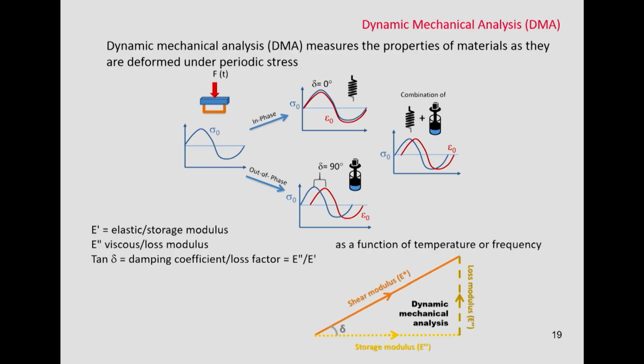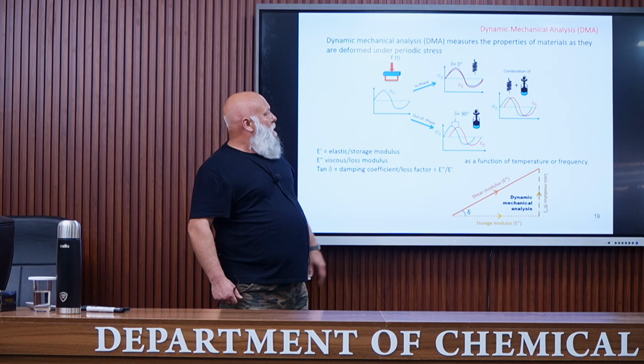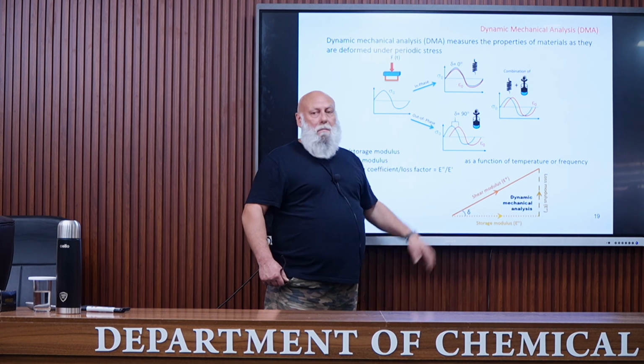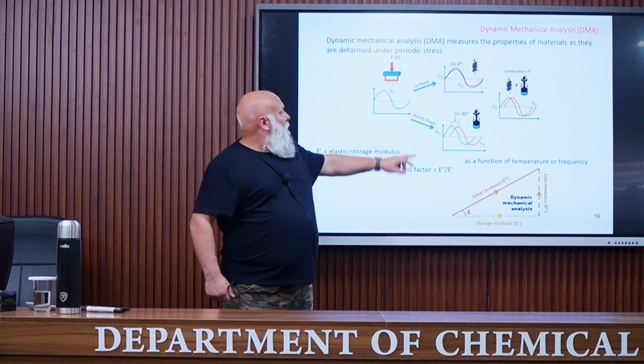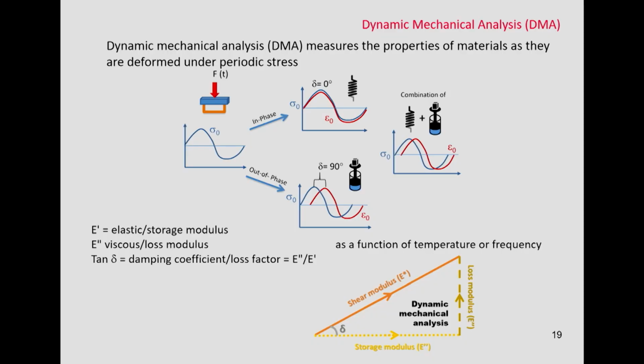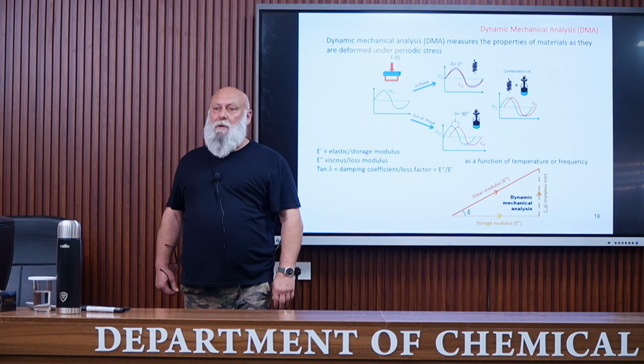Of course, by applying this sinusoidal stress, a sinusoidal strain is generated, and depending on the material, the two sinusoids can be in phase or they can be out of phase. For a perfectly elastic material, the two sinusoids are in phase, and for a perfectly viscous liquid, we have a shift of 90 degrees.